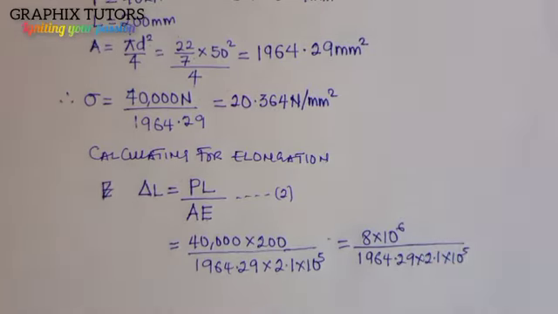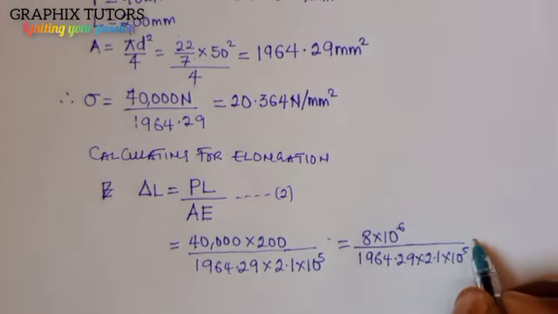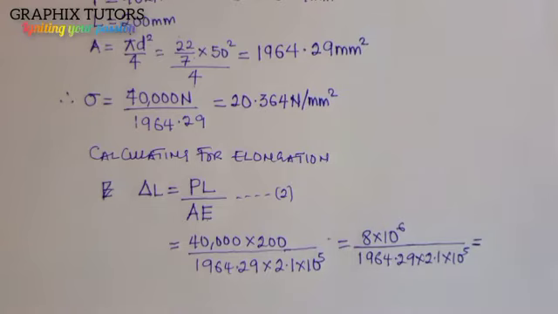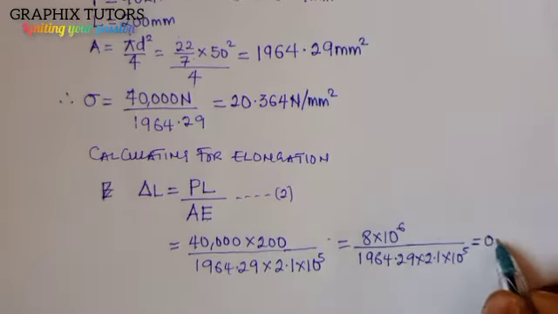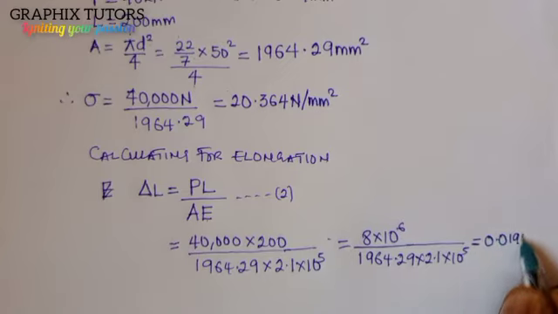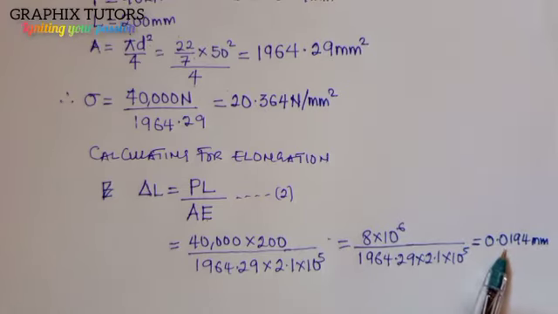So we'll now say that this is going to give us 0.0194 millimeter. So that is the elongation at section AB, right?